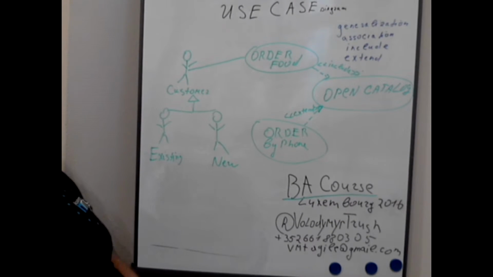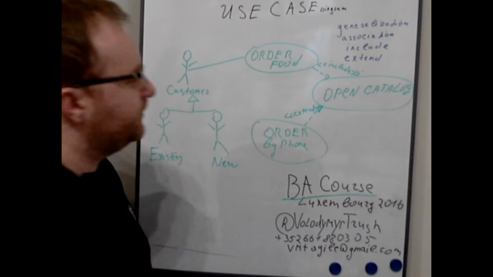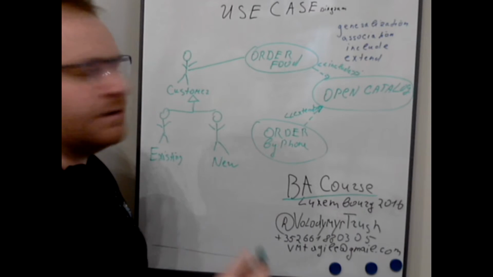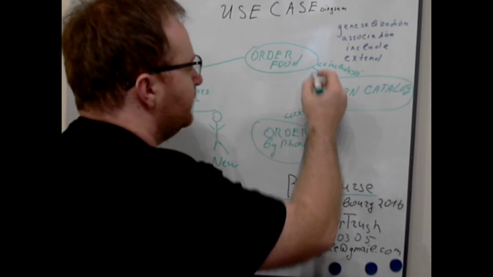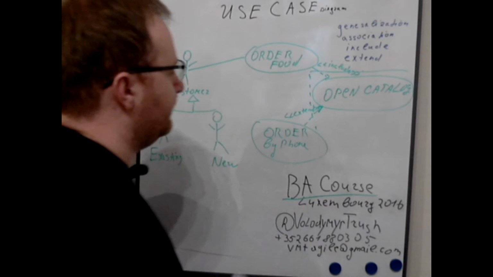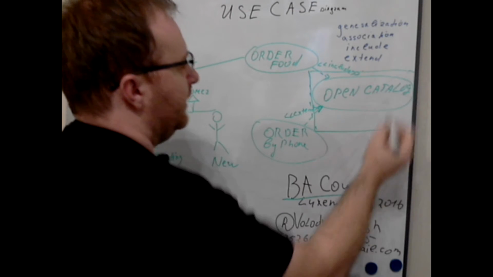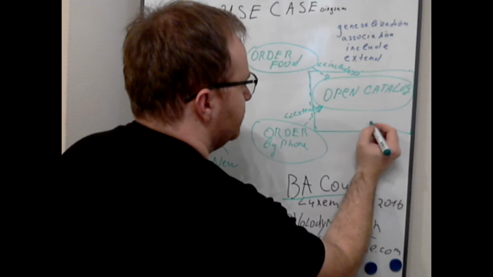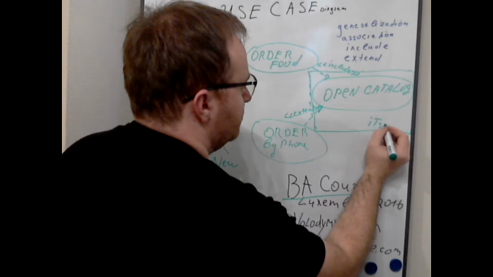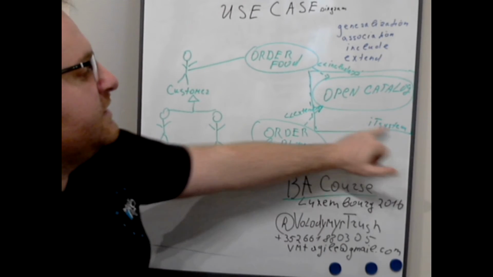Sometimes some specific use cases can be really huge, or are done in a specific system. For example, let's assume that this open catalog is done in a third-party IT system. Then we can do it like this. We can draw a block here, and we can say that this part is done in the IT system.